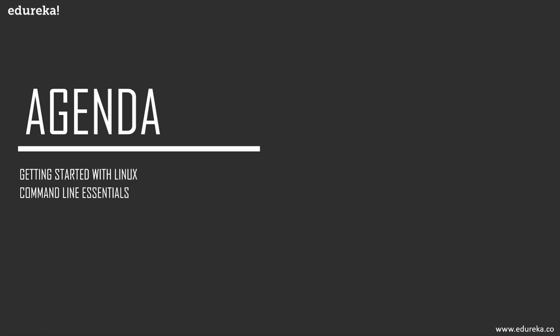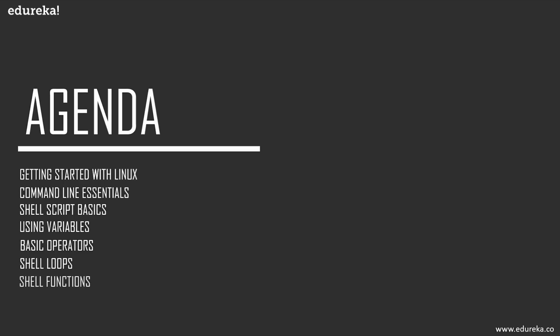Then we're going to start with shell scripting basics, followed by how to use variables, some special variables, and how you could implement them. Then we have basic operators, followed by shell loops and shell functions. And finally, we're going to look at a few use cases on a small scale to see how shell script is applied in the daily lives of people. So without any further ado, let's get started.